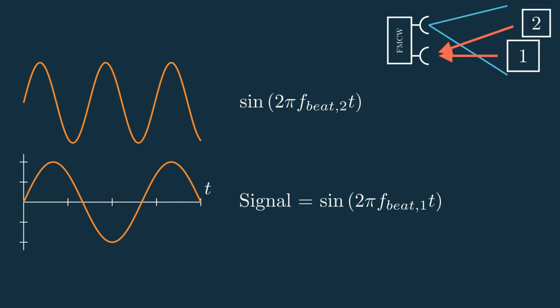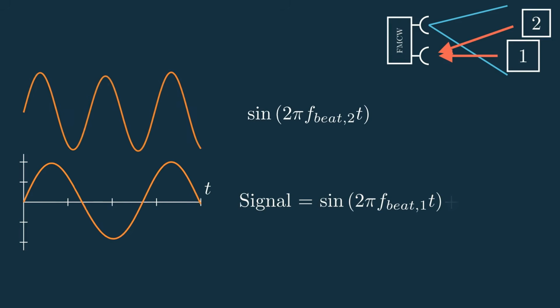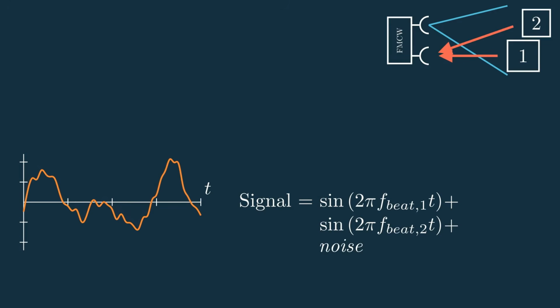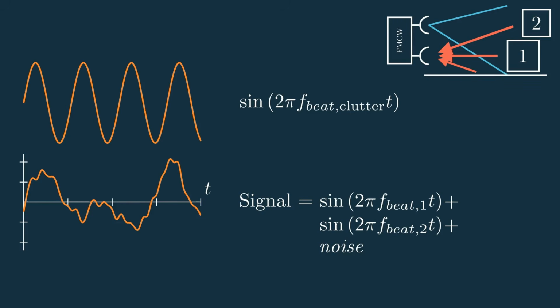And I'll exaggerate the difference in frequency for visualization, but really these would actually be pretty close together. There's also some noise from various sources because the environment we're scanning isn't perfect, and there may even be reflections from unwanted targets, like the ground or a wall. And those will have their own beat frequencies too. This is called clutter, and it can be pretty hard to deal with.